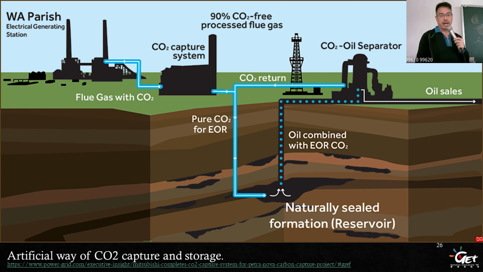And they will use another film system to absorb the carbon dioxide and purify it. And they can create 99% pure carbon dioxide and sell it to the food market. Okay, this is the concept. You can see here, they release processed fuel gas that is 90% carbon dioxide free to the air. But the capture system will give pure carbon dioxide.